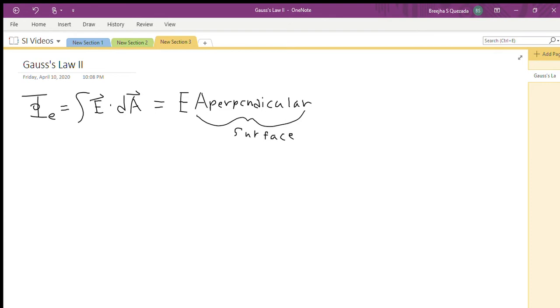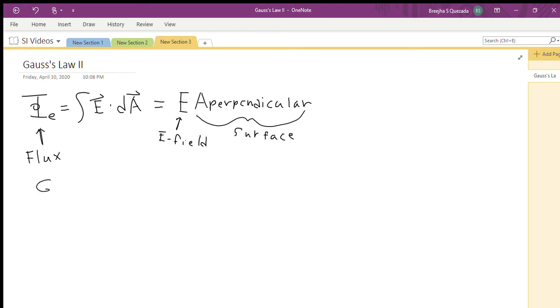Where Gaussian surfaces start coming in is we want to take a look at the flux, this term here, caused by an E field going through a particular area. Sometimes we won't always have a free area just floating around. So what physicists have done is create theoretical areas.